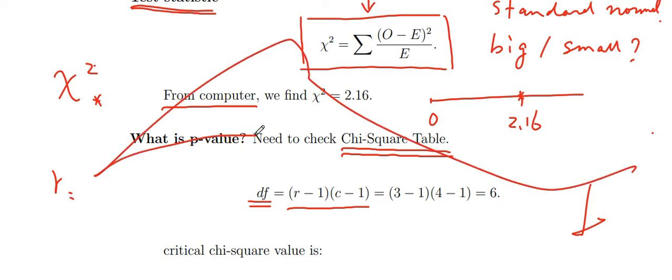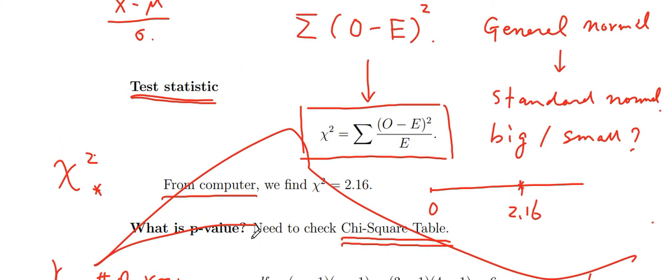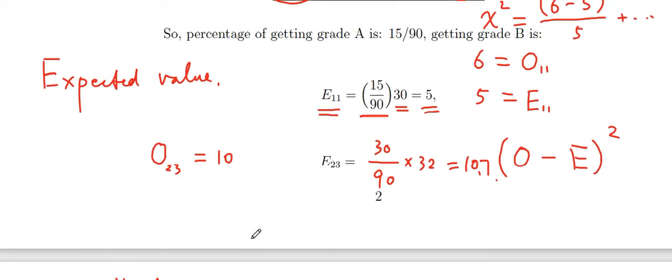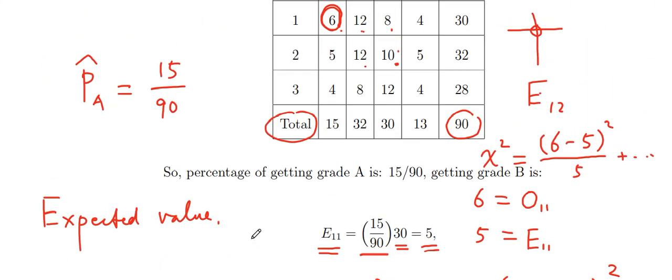R is the number of rows, and C is the number of columns. Going back here, R is 3, because we compare 3 groups, 3 classes.